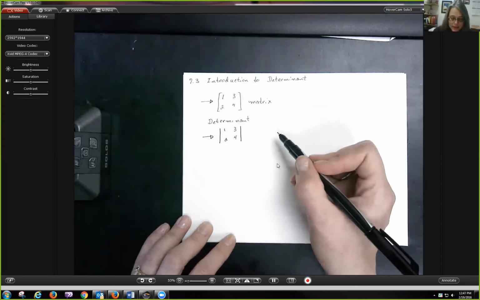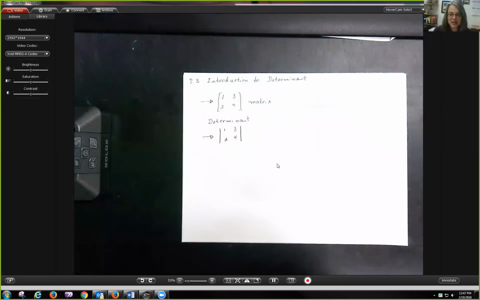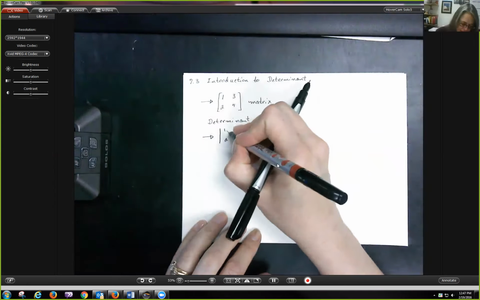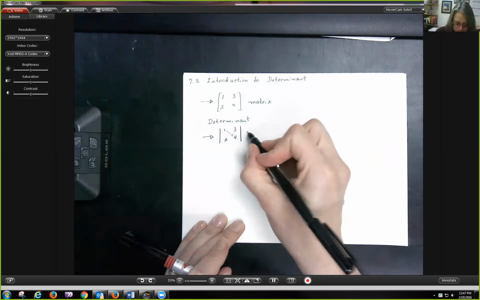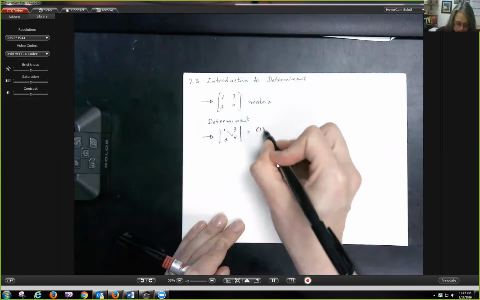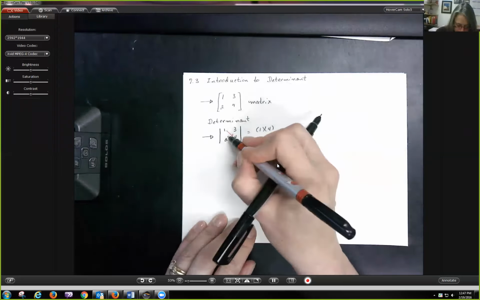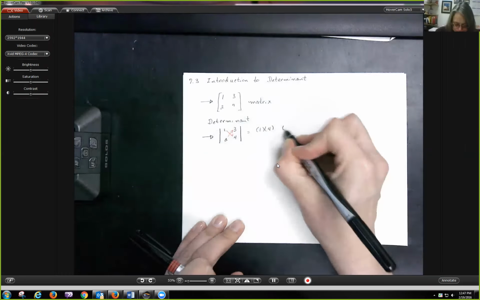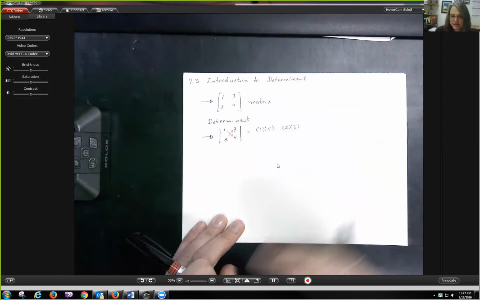Okay. Now, let's talk about how we take a determinant. Essentially what we do is we take diagonal products. So I'm going to multiply down that diagonal, and up the other diagonal. Here's the only kicker.